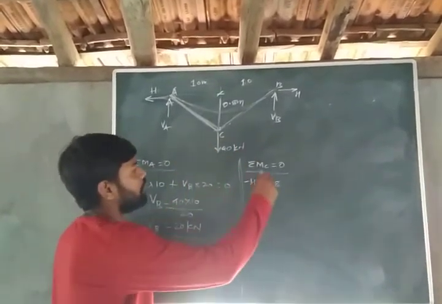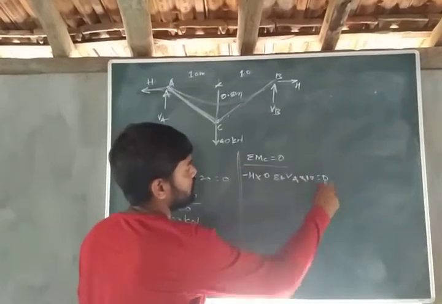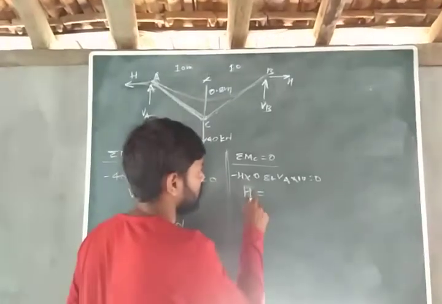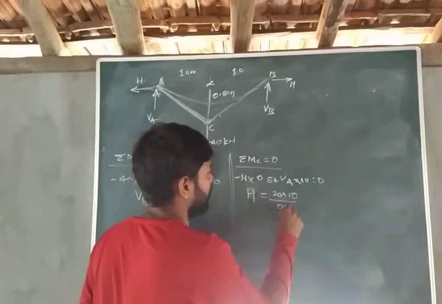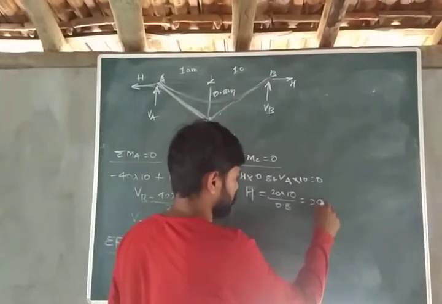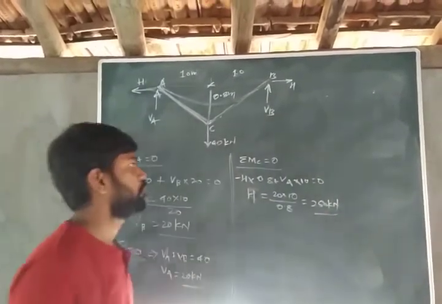Then this VA multiplied by 10, and equating it to 0. So value of H will be equal to VA 20 into 10 divided by 0.8. This comes to 250 kilonewton. So I have calculated the value of H.